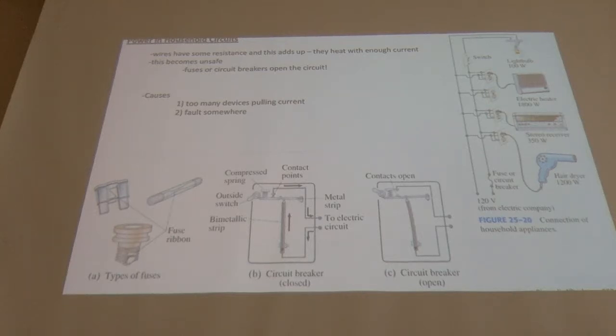And that means that as the resistance adds up, we could start to see this power equation, which is I squared R. As I increase the current, that resistance also comes into play, and then power can be produced by the wires.